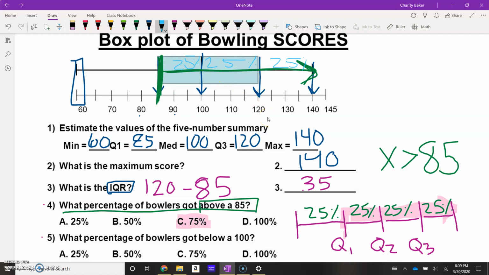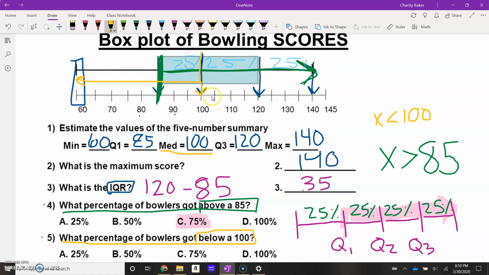Okay, let's try the next one. What percentage of bowlers got below a 100? So below a 100. Where's 100 in our data? Well, 100 was the median, right? This is 100 right here. And we want to be below 100. So below is less than. So below 100 is going to be everything from 100 all the way back to the minimum.